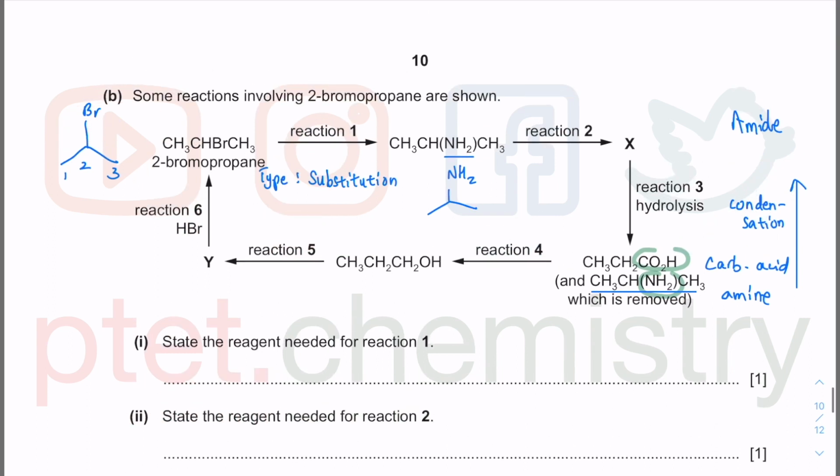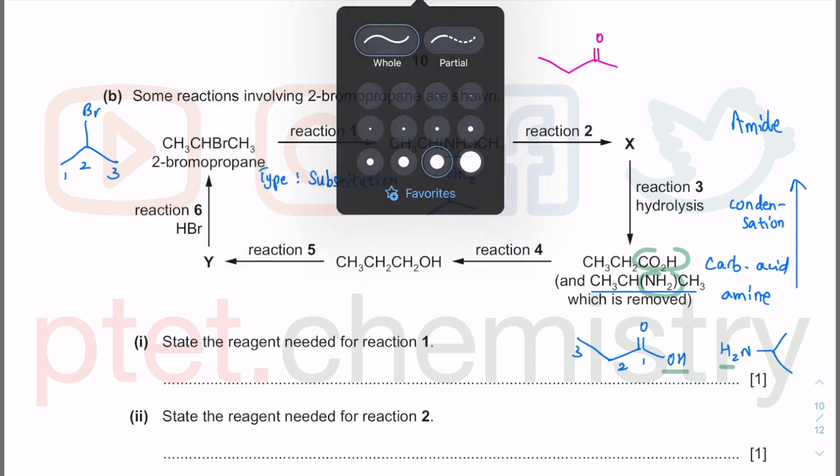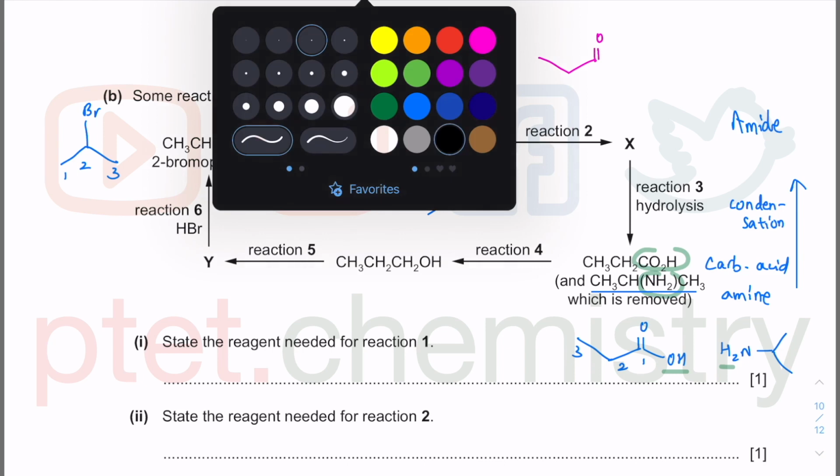So if I think about my amine and my carboxylic acid, 3 carbon carboxylic acid, CH3CH2CO2H, and I get my amine H2N like that, and that comes from here. So I will lose the OH from the acid and I will lose the H from the amine. So this gives me X being the amide, which is like this, and then I have a new amide bond, which is actually this one.